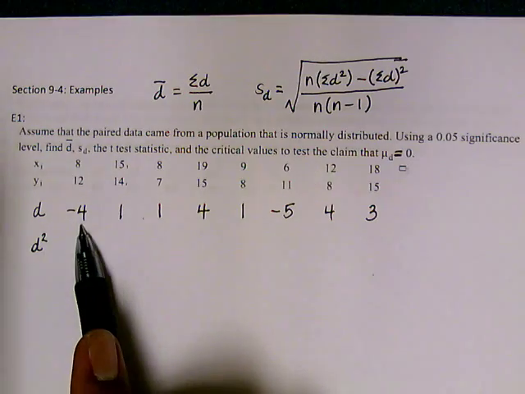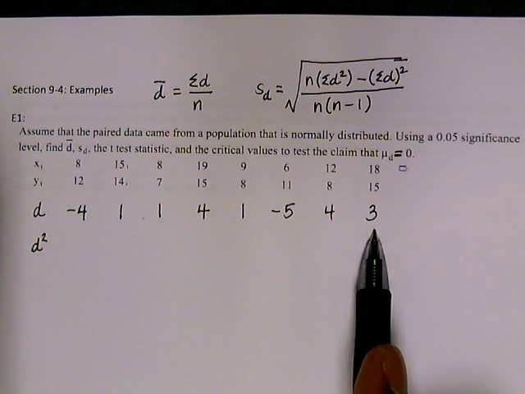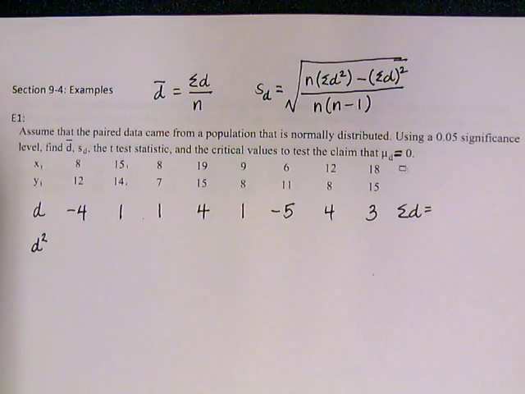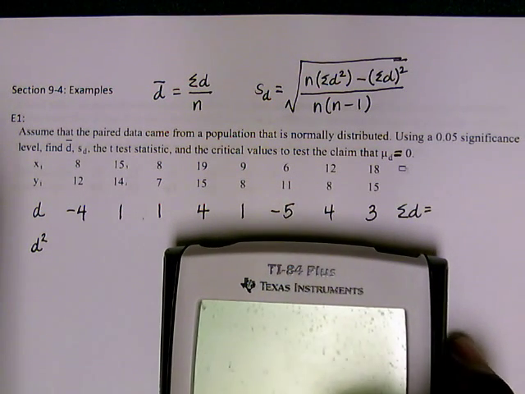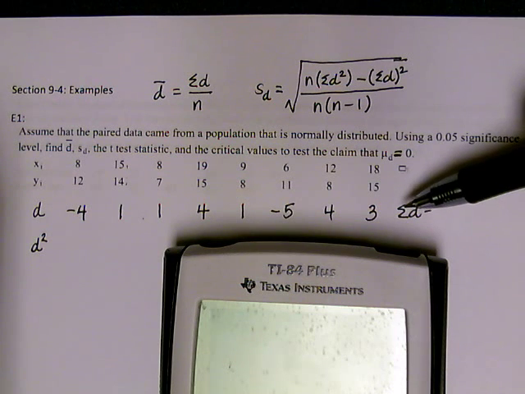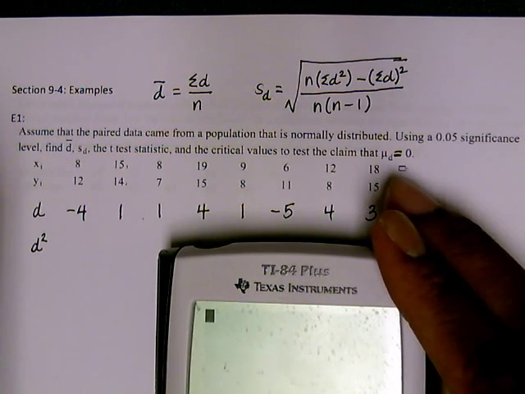And what I'm going to do here is go ahead and take the sum of these individual differences. That's going to be the sum of d. And by the way, that Greek letter, capital letter sigma, represents the sum.